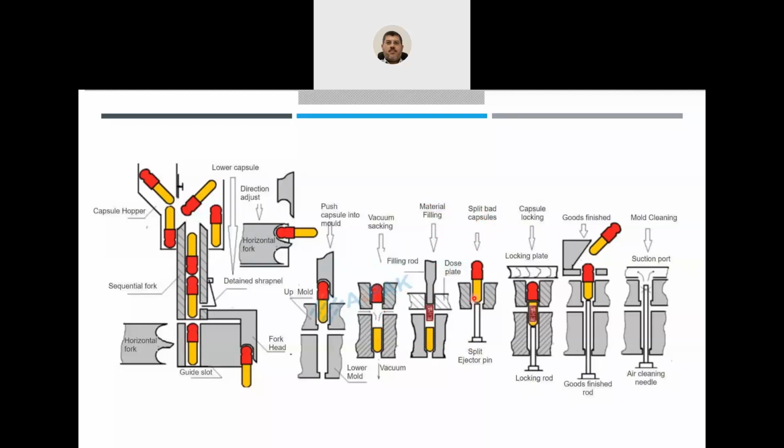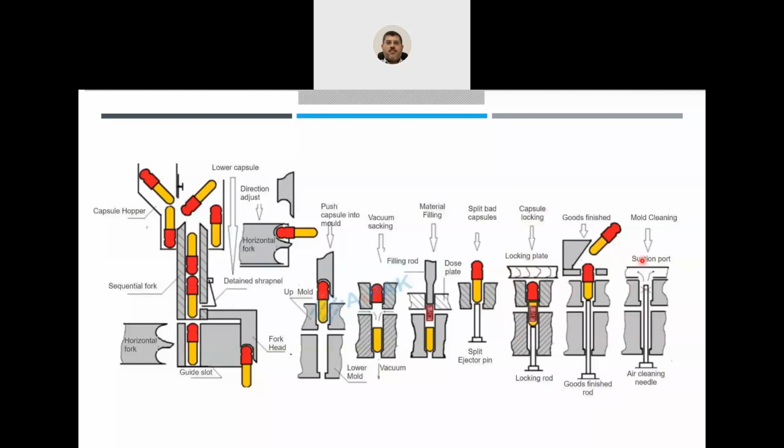If there is any bad capsule in the middle, it will be removed by the machine, which can identify them, and then capsules will be locked. There will be a locking mechanism here.